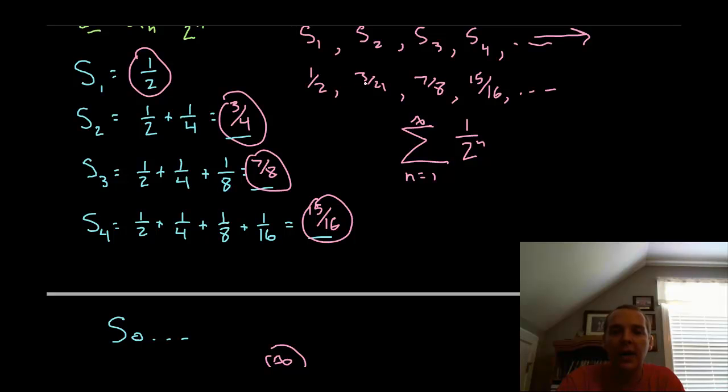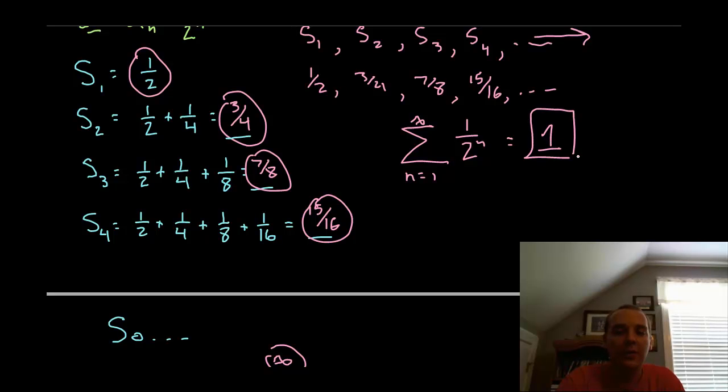You get 0.5, 0.75, then 7/8, a little less than 1, 15/16. That's pretty clear, the pattern: 31/32, 63/64. It looks like this will converge to 1.